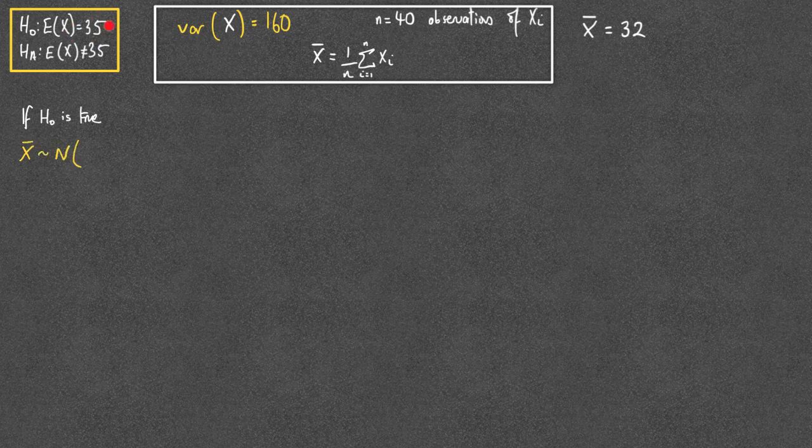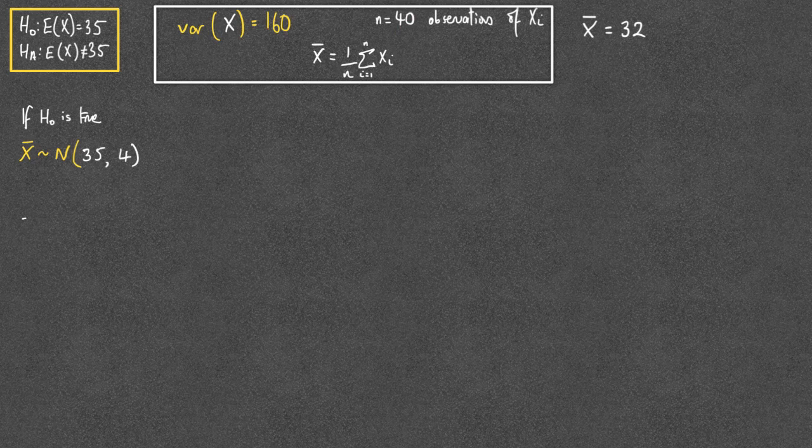This time, if the null hypothesis is true, the expected value would be 35, and the variance of x bar would still be 160 divided by the number of observations. So that's 160 divided by 40, which is 4.